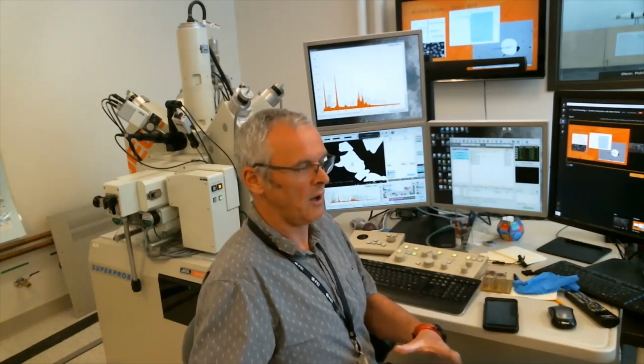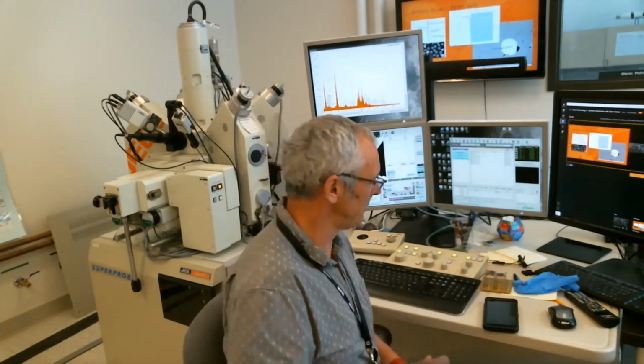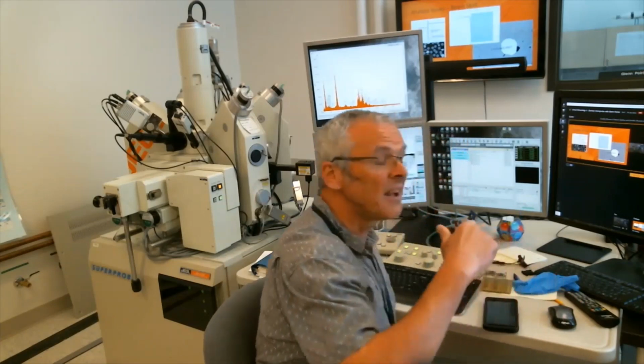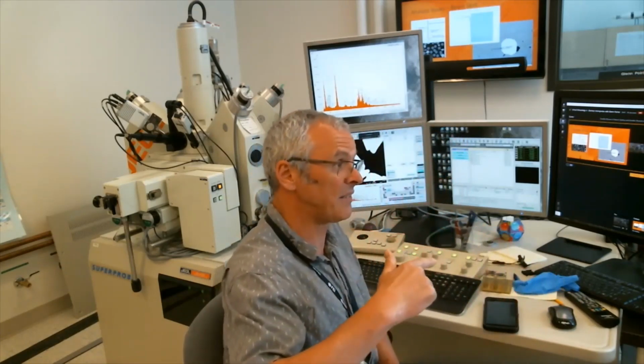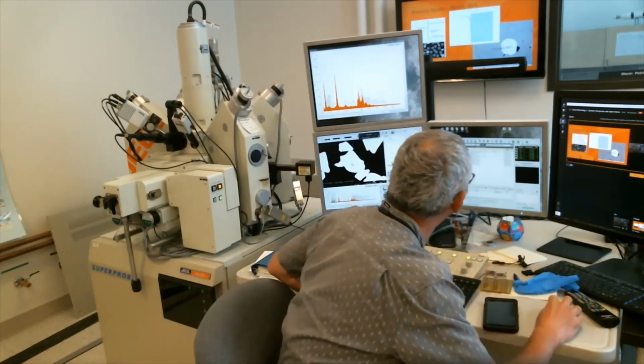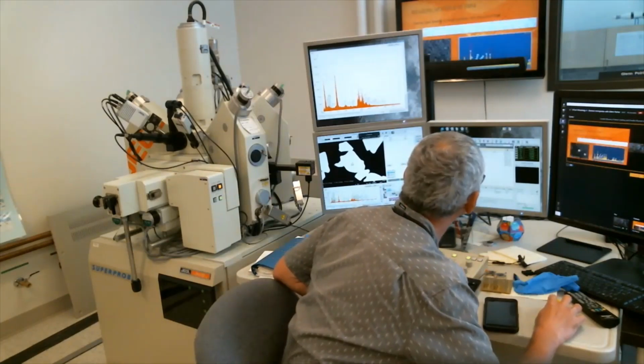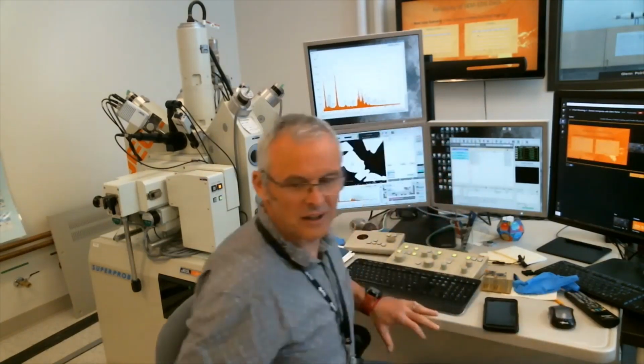With this beam skirt, we can get information from 100 microns away. We can bring in X-rays from 100 microns away. So this is one of the big problems with using low vacuum mode. And this is a polished sample, by the way, so that's another consideration. This is SEM.